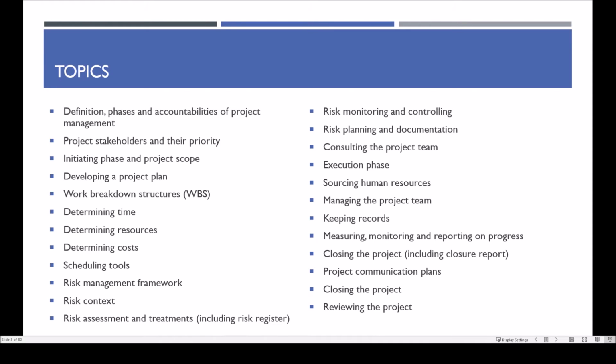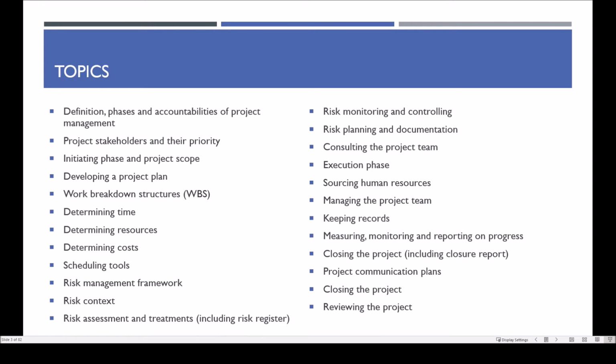So to be able to cover off some of those key project management fundamentals and skills that I talked about, we're going to need to address things like, first of all, clarifying some of the definition and some of the phases and stages and accountabilities of project management. We'll identify project stakeholders, the usual type of stakeholders, and what their priority and importance within projects are, the role that they play. We'll look at the different phases, and as part of that, we'll look at phases such as the initiating phase, which incorporates things like the project scope.